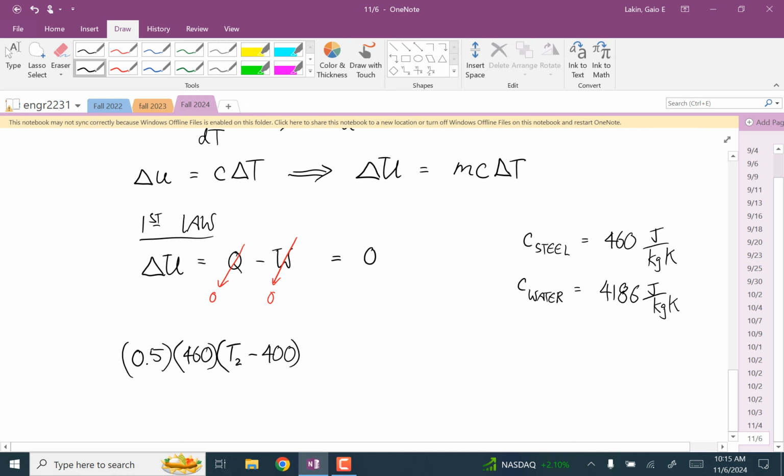Okay, that's the change in internal energy for the steel, and we want to add that to the change in internal energy for the liquid water. So that's 10 kilograms times 4186 times the change in temperature, which is the same T2. Remember, we're looking for these to come to equilibrium. So T2 minus 283.